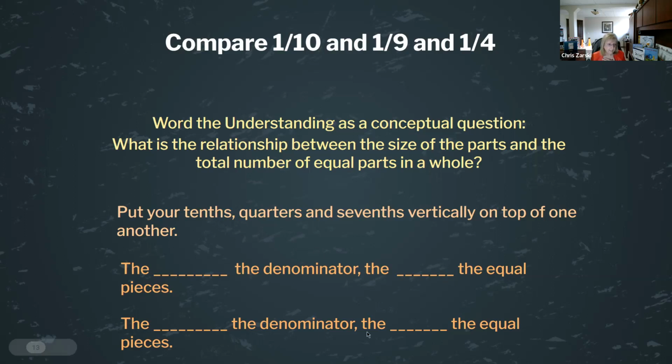So we could say, we'd like to be able to put in some words into these blanks to make these sentences complete. Let's do some folding. And now ask them, what would you fill into these? So the smaller the denominator, the larger the equal pieces. The larger the denominator, the smaller the equal pieces. That's what that understanding was getting to.